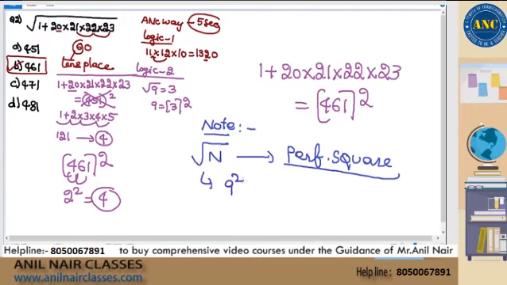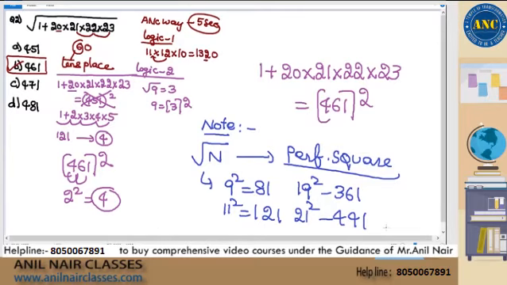Any perfect square ending with 1: 9 square 81, 11 square 121, 19 square 361, 21 square 441, 29 square 841. Any perfect square ending with 1, tens place has to be even. So this is out and this is out. Two options, check by using a digital sum.